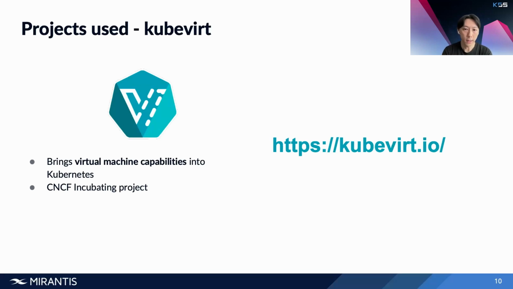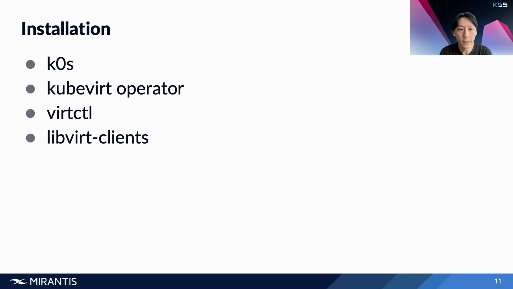So let's talk about the actual installation and the steps that we're going to go through today. We're going to look at these four components to get a KubeVirt environment set up. Of course, number one, we have our Kubernetes environment, which is k0s. On top of that, once we have k0s deployed, we're going to deploy the KubeVirt operator, which then provides us all of the different concepts of a virtual machine, right?